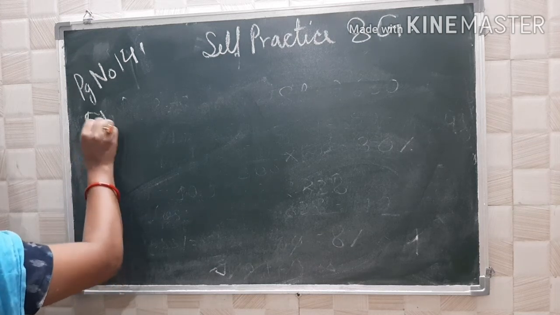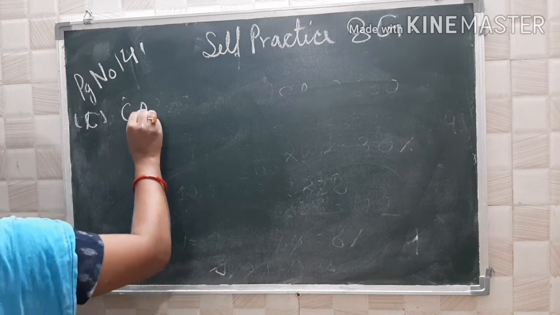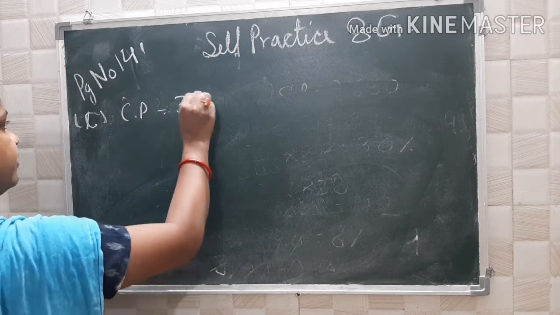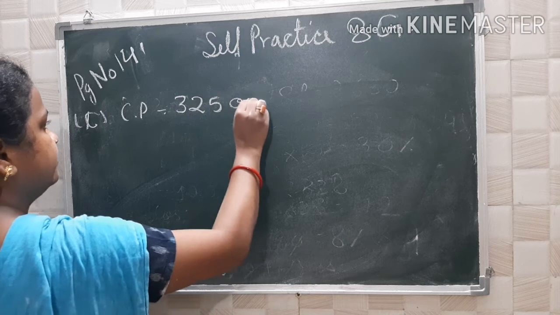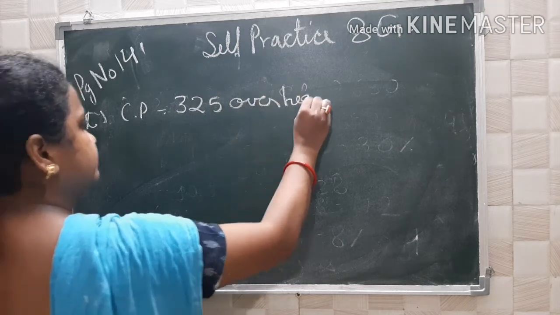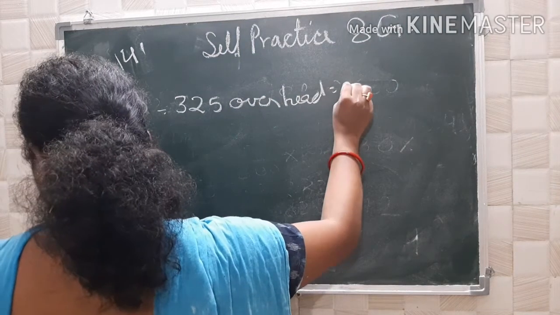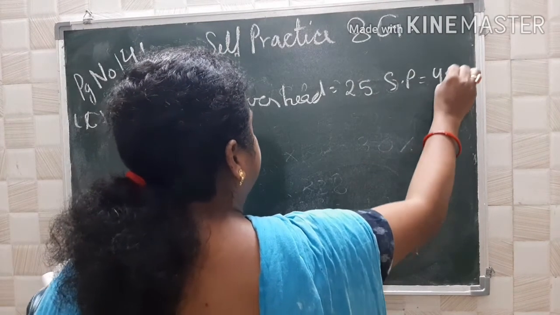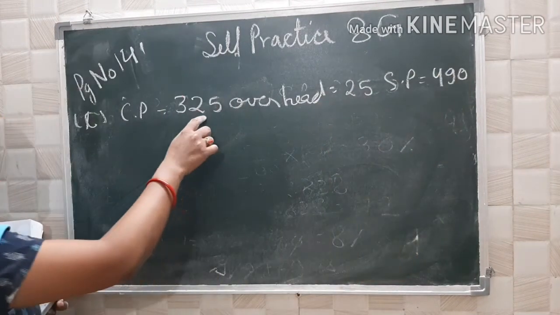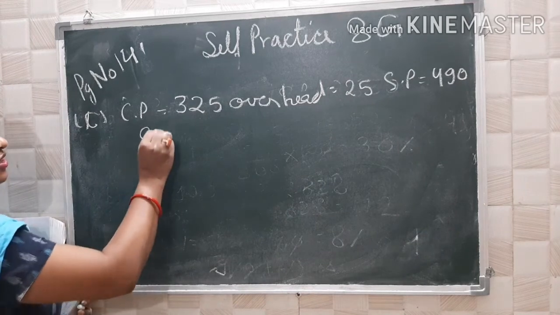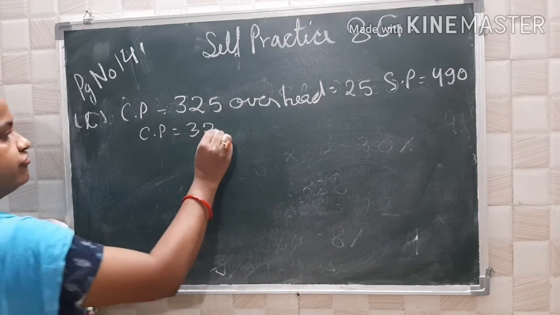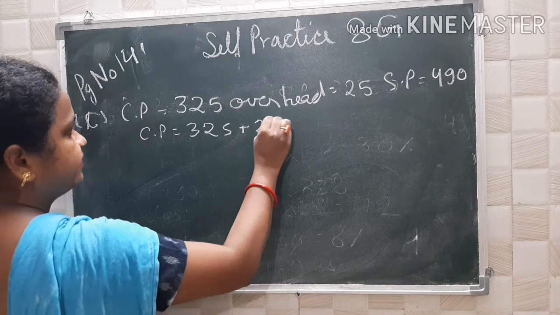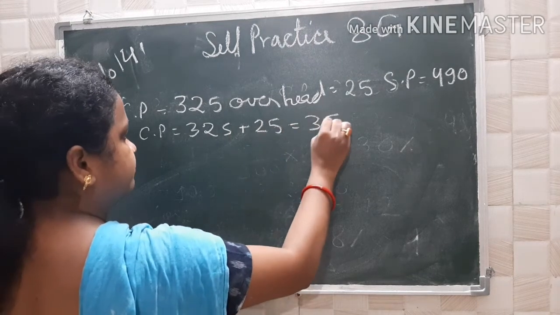CP 325, overhead 25, SP 490. Yes, this overhead will be added in CP only. Your CP will become 325 plus 25, that is 350.